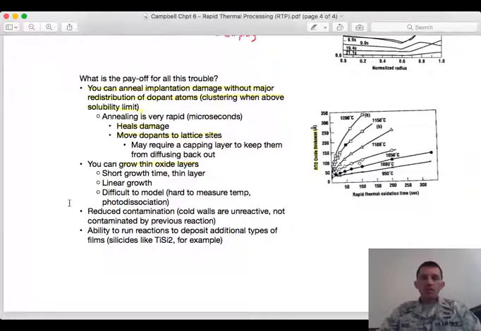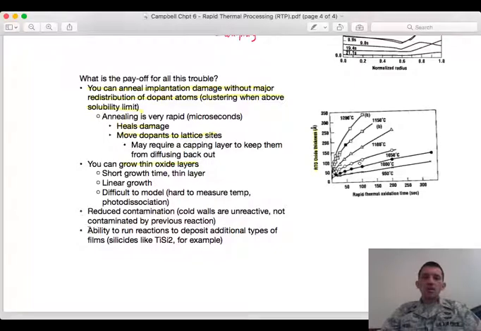The other thing with rapid thermal processing is that you are reducing the contamination because you're only heating the surface. And a lot of the undesirable reactions are thermally dependent. And so if you only have a hot surface, then you're not, say, blowing off atoms from the sidewalls of the furnace, which could then become incorporated as a contaminant.